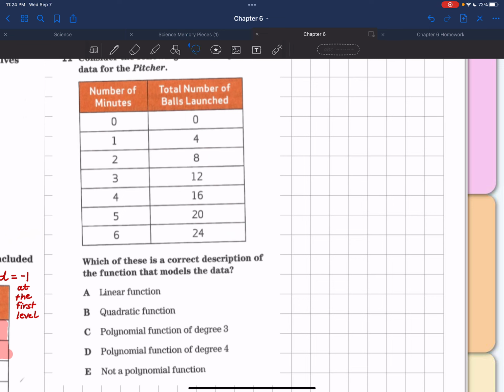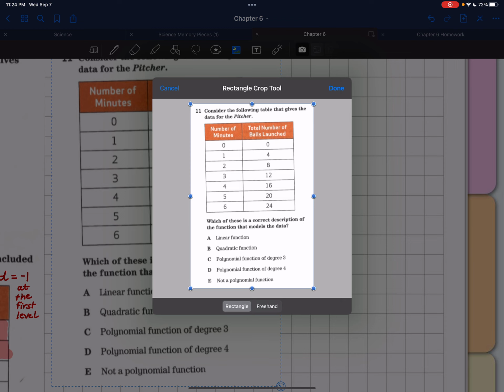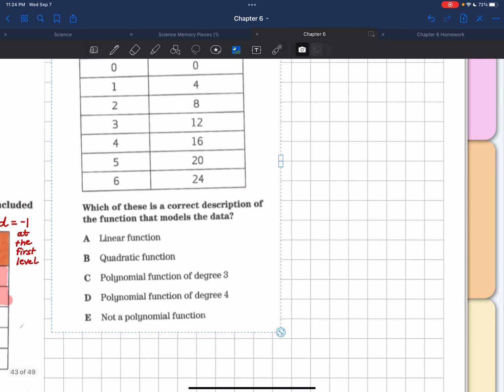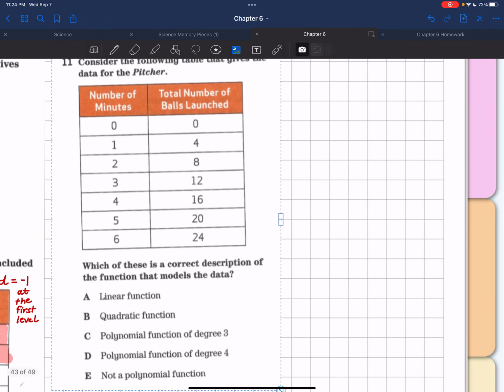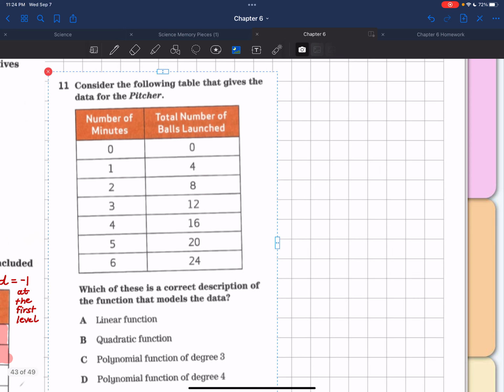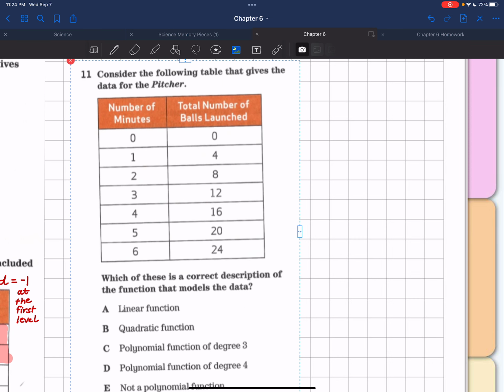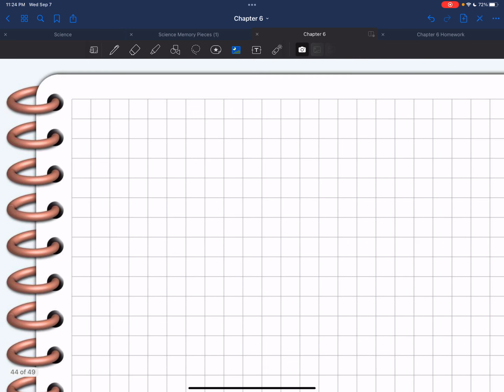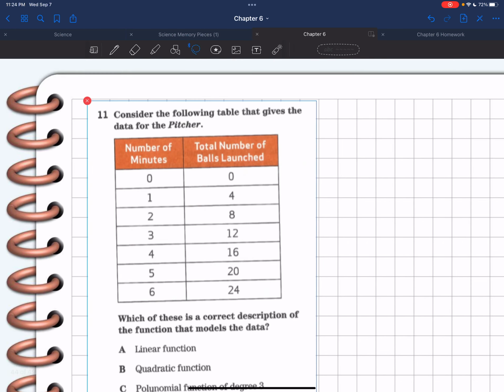And I think I'm going to try something here. Let me see if I can crop out. I don't dare do that because I'll have it in such a mess. All right, so let's take a look at this particular problem. I'm going to cut that problem and move it to the next page.